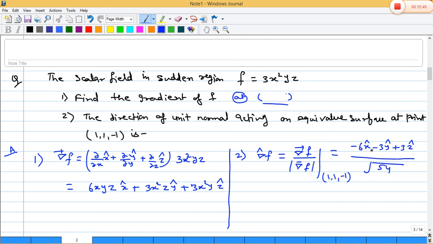It was 6 square 36, 3 square 9, and 3 square 9, so 36 plus 9 plus 9 becomes 54. Now you can find the unit normal on the equivalue surface or equipotential surface. Is that clear?